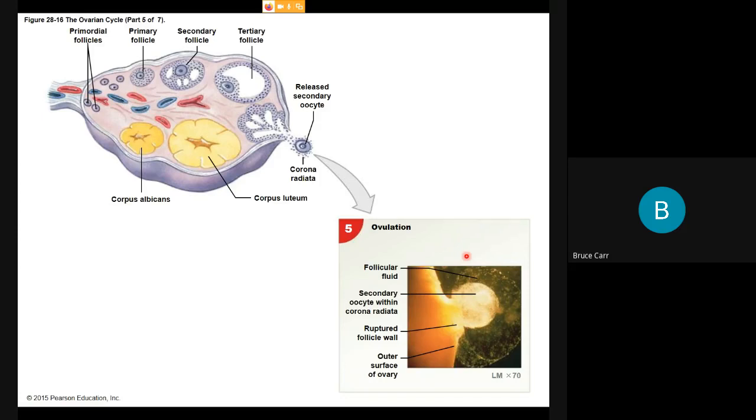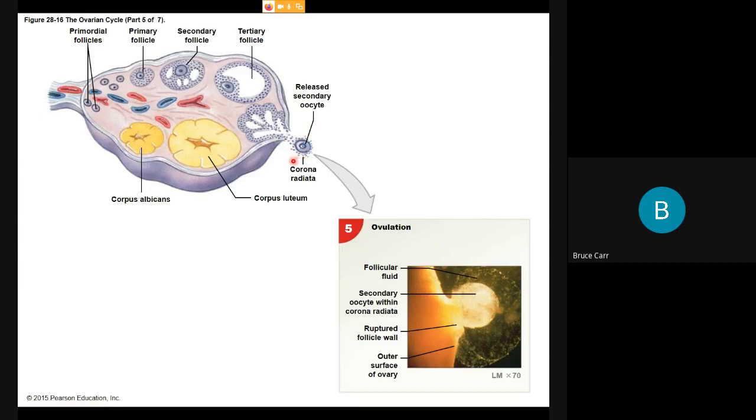So here's another one of those merry-go-round diagrams from the primordial follicles, what we call the egg nest. There's a primary, secondary, and tertiary follicle showing you the one that is developing and the moment of release, or ovulation. Notice that these accessory cells have formed a protective barrier around the actual egg itself.